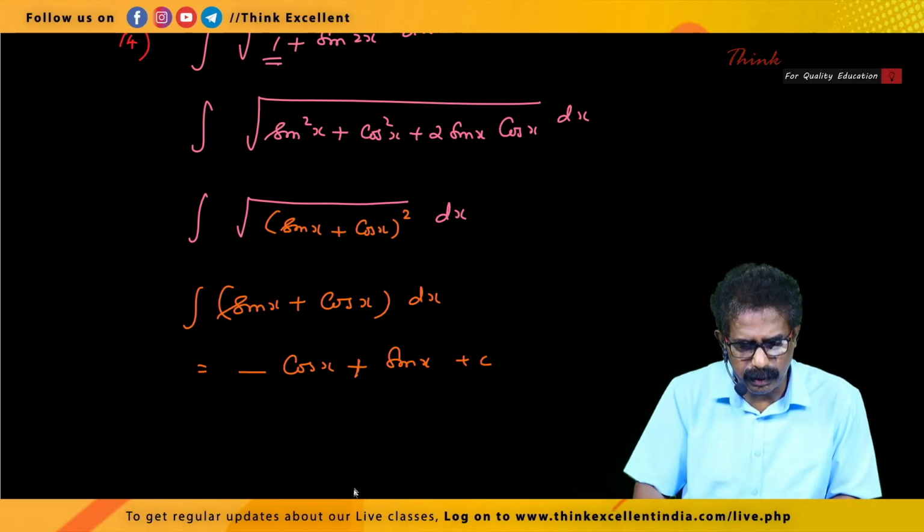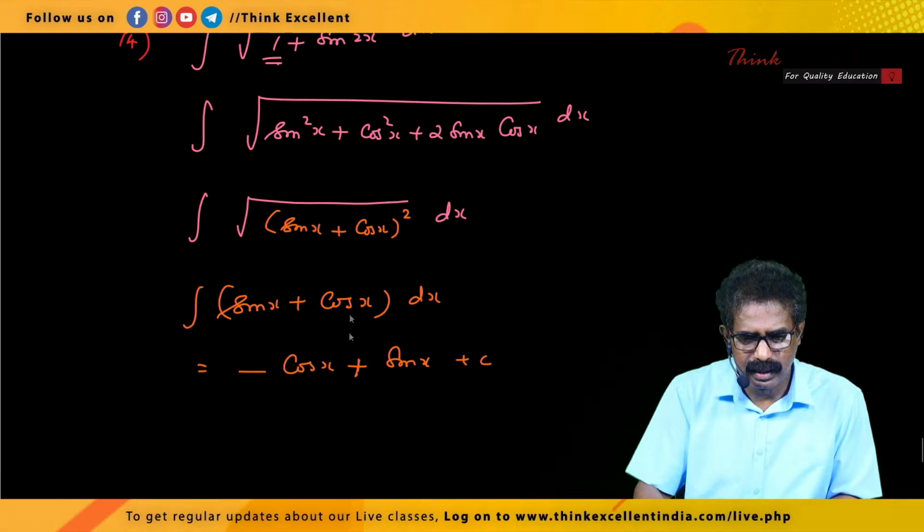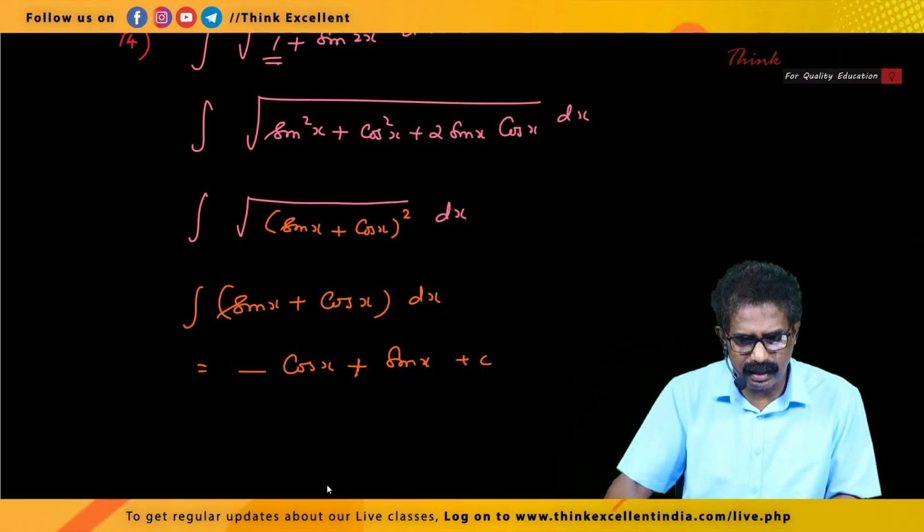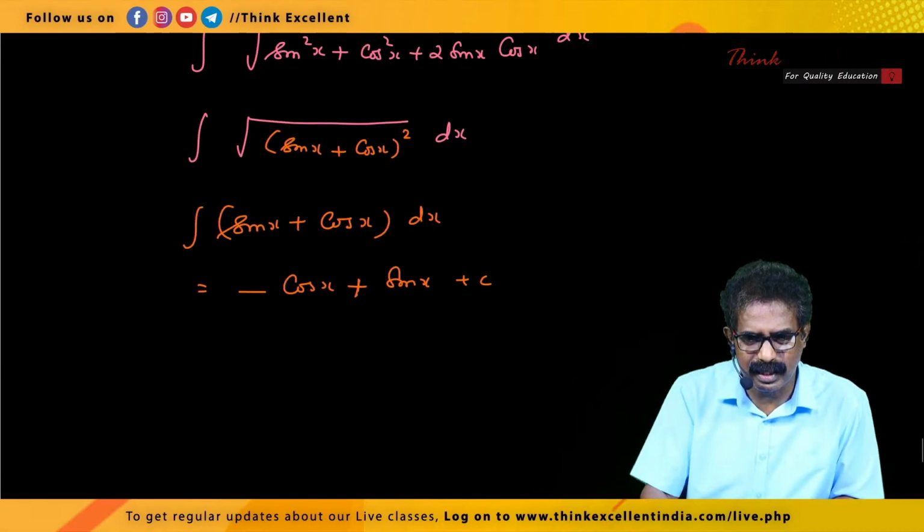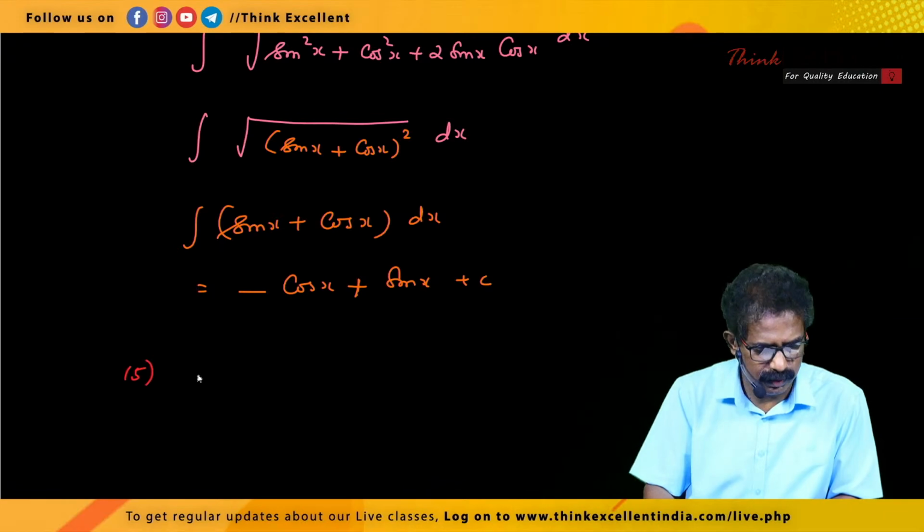Okay, now I'm going to give you another question. I want the 12th standard students to answer, but even the 11th standard students can try, those who already watched our previous trigonometry videos.